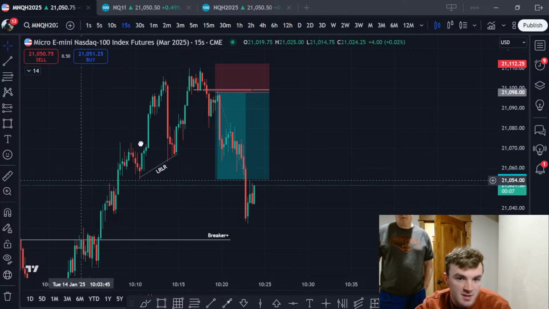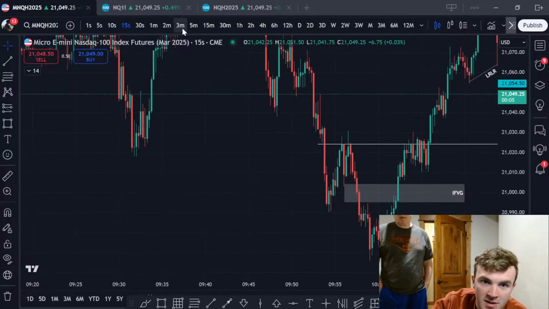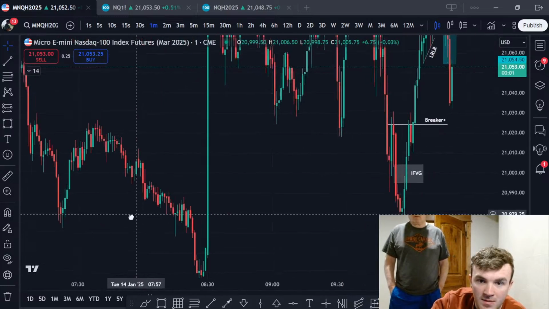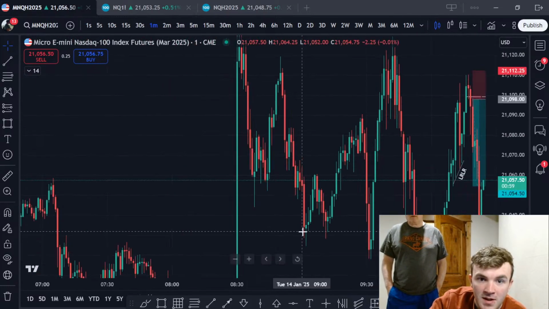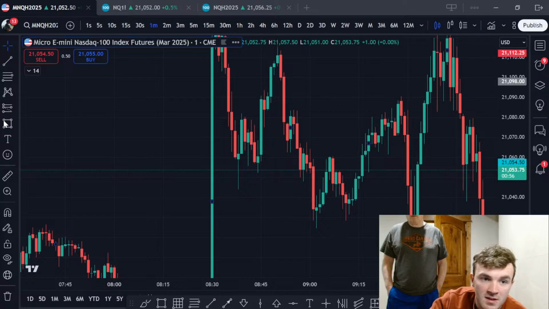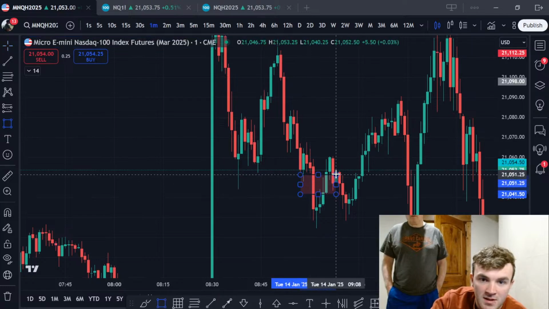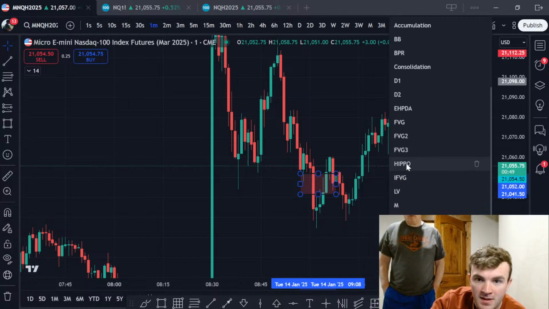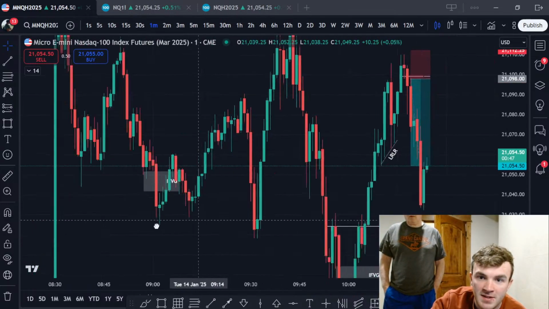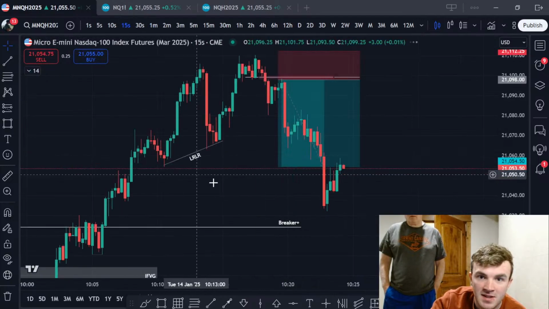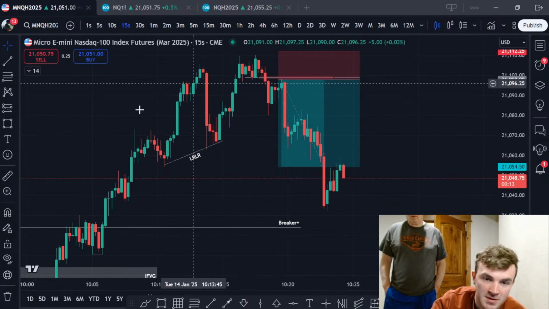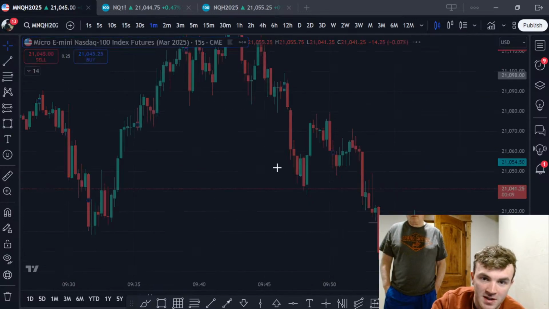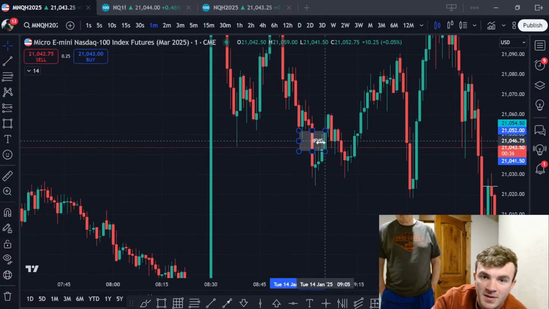For instance, the trade that I took was this 1 minute inversion, all the way over here, and it seems decent, but it's just not as obvious as this. I know for a fact everyone's gonna lose money when it goes below these lows. This one has a different feeling to it.